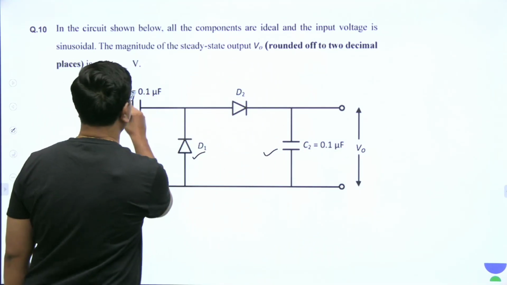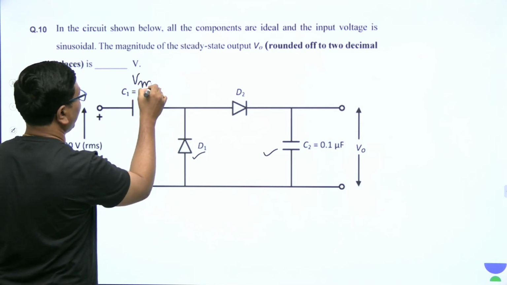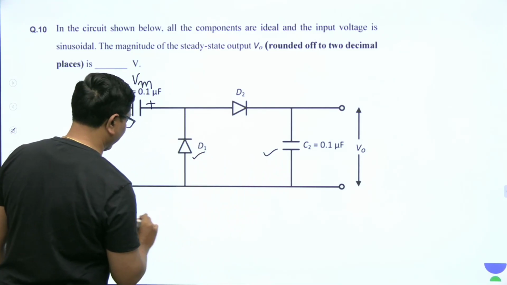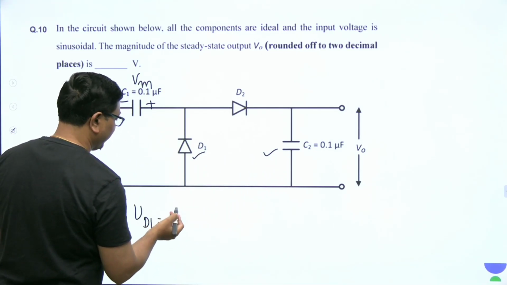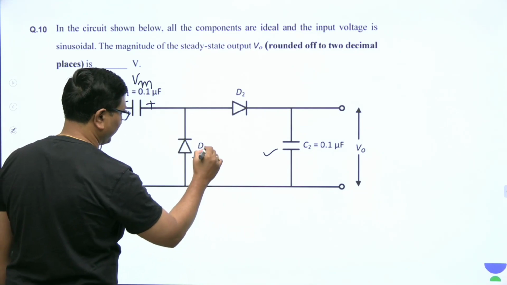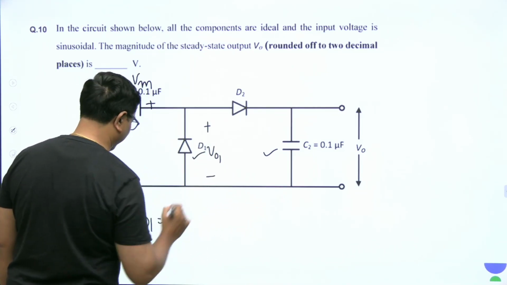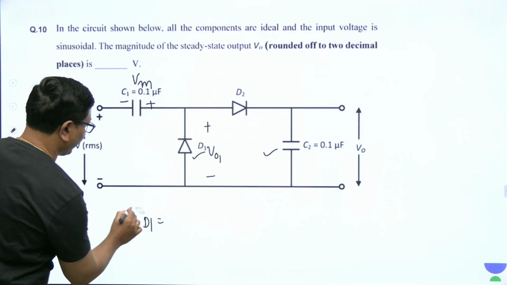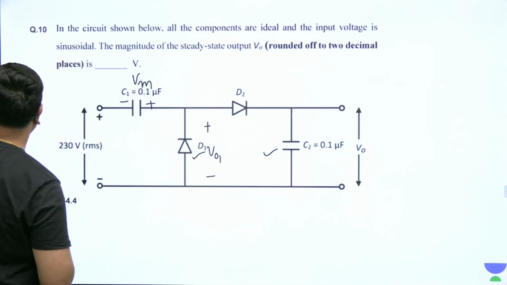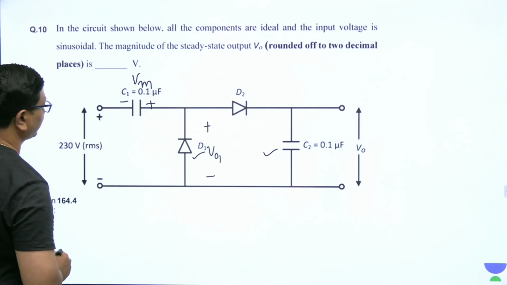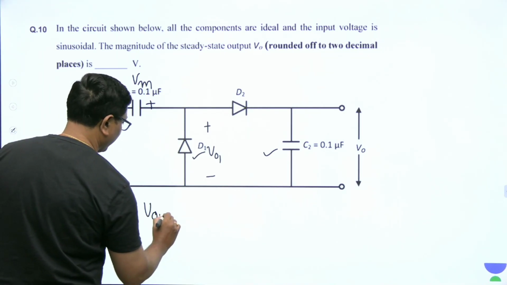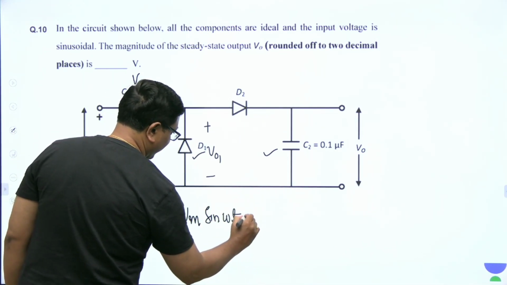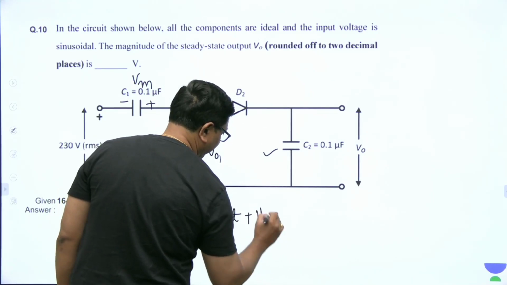The capacitor C1 will charge up to Vm with polarities plus minus, and instead of the voltage across D1 I can say VO1, which is equal to Vm sin omega t plus Vm.